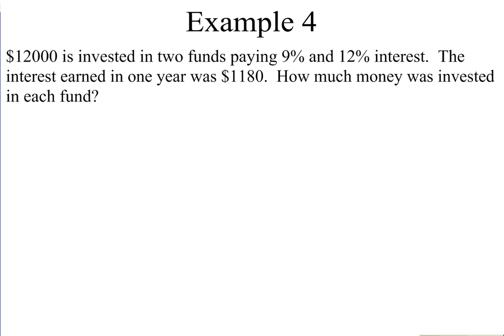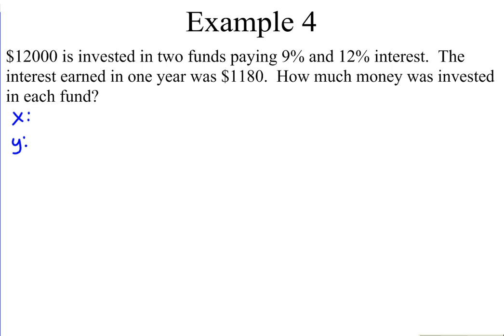With these word problems, when you need to write your own equations, your first step should be to clearly define the two variables. If I use the variables x and y, when I say clearly define, you need to clearly define. Don't just say x is 9%, y is 12%. If you do that, first of all, 9% isn't a variable.